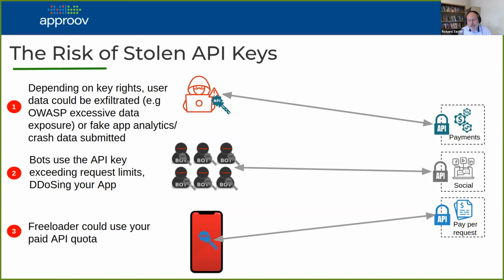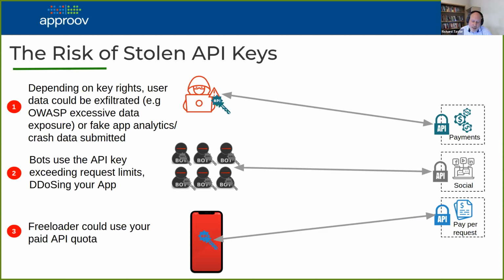One of the classic issues with APIs is that they provide a lot of data, but only some of that data is presented in an app, and it essentially relies on the fact that the app isn't presenting all the data for the security of the remainder of that data. Once you have the API key, you might be able to access it directly and therefore see all the data, perhaps running it in Postman or something like that. There's also the possibility that there are API keys associated with crash analytics or install analytics, etc. And you can use that to impersonate the app and post incorrect data, undermining the analytics.